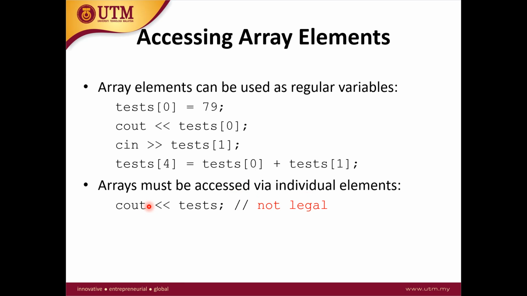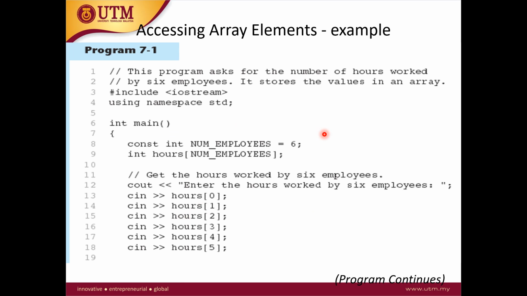And we can't easily print down the tests or the array. We need to specify the index. We can't say cout test. Why? Because this test is holding 5 different variables or 5 different data. We need to specify which element to be printed, like we have done here.